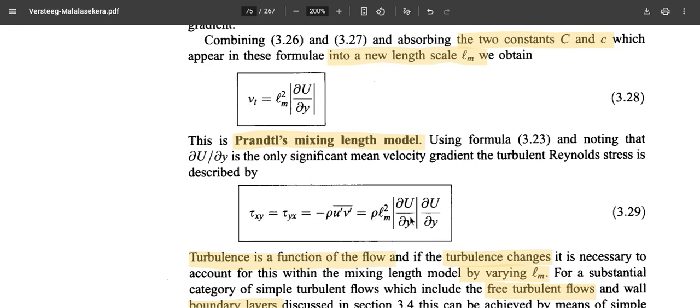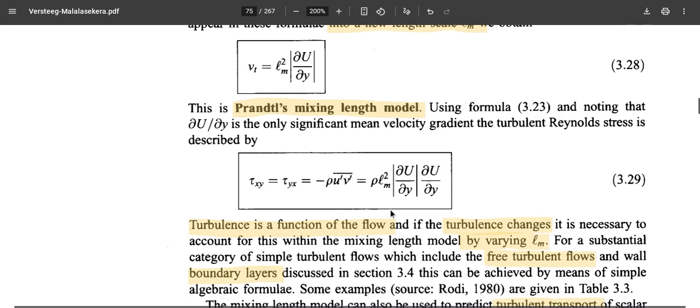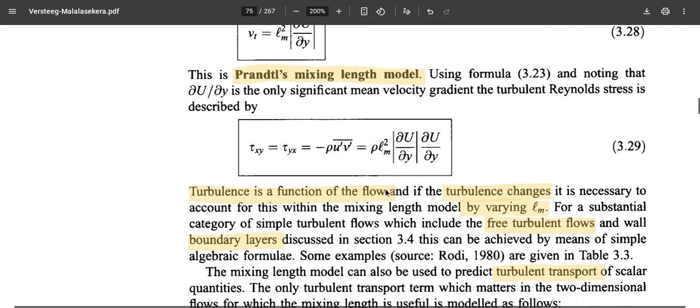That turbulent viscosity is modeled by the kinematic viscosity times the density, from equation 3.28 to 3.29. So ultimately we have these flow equations, and the only unknown that appears here is Lm. This is the unknown constant that we need to model, and it changes from flow to flow.